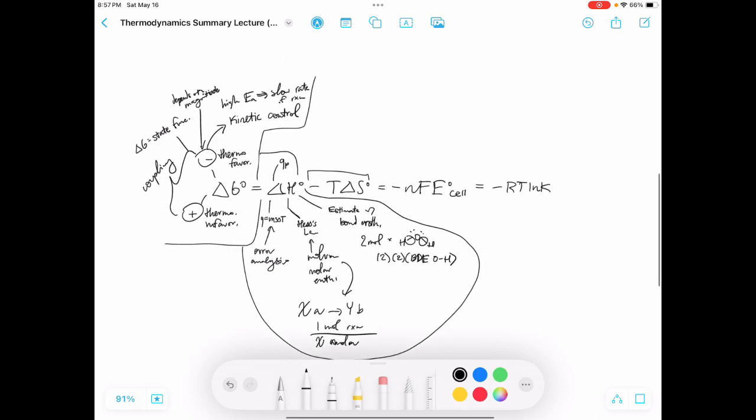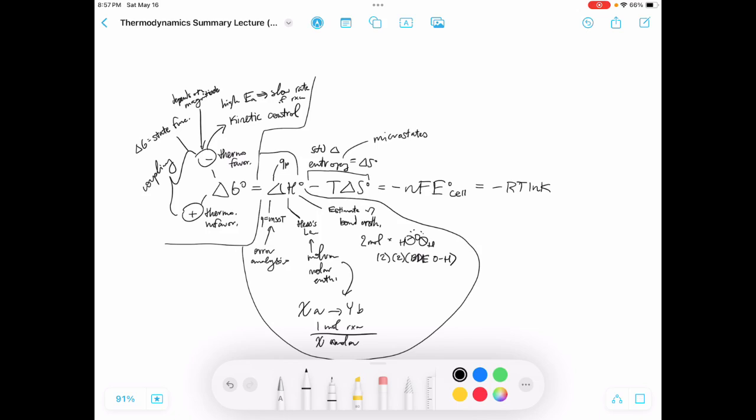Now we're going to move on to the new part, which is entropy. So your standard change in entropy is going to equal your delta S naught. And entropy really relates to microstates.